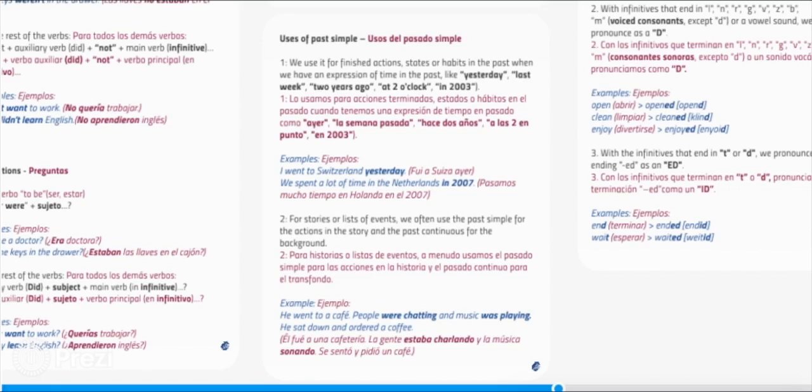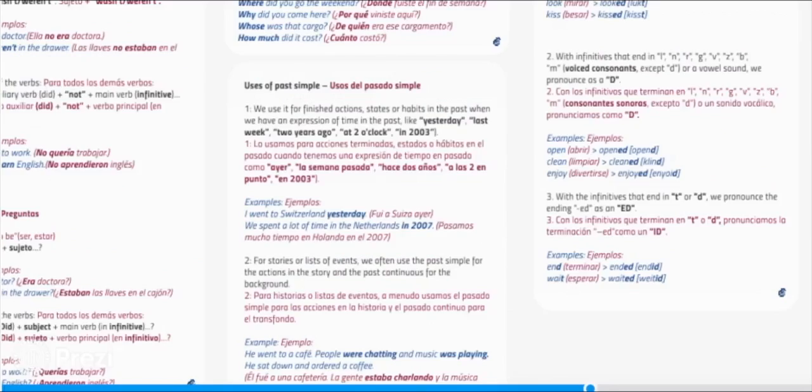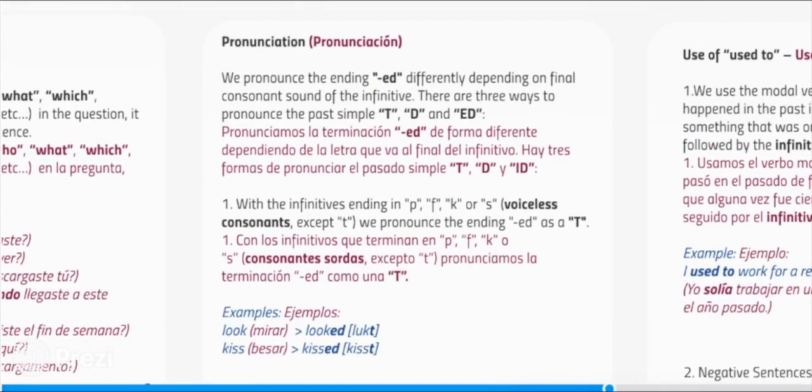Pronunciation. We pronounce the ending -ed differently depending on the final consonant sound of the infinitive. There are 3 ways to pronounce the past simple: /t/, /d/, and /ɪd/. 1.